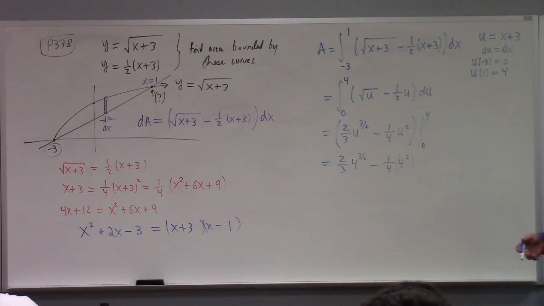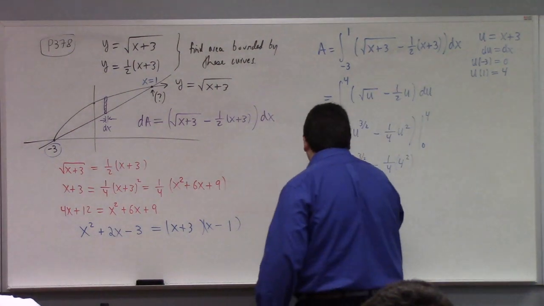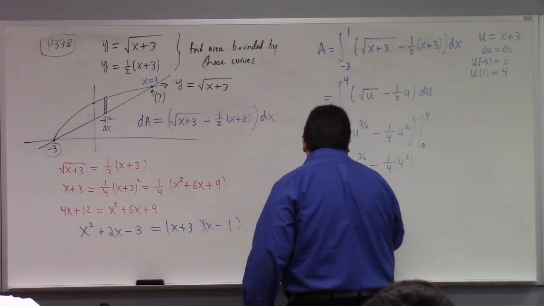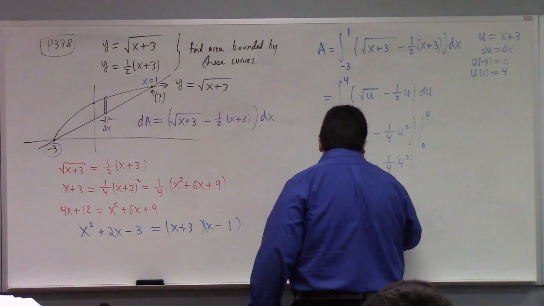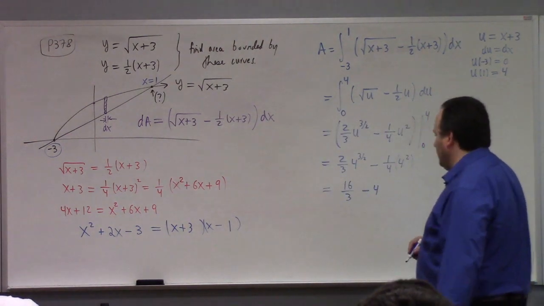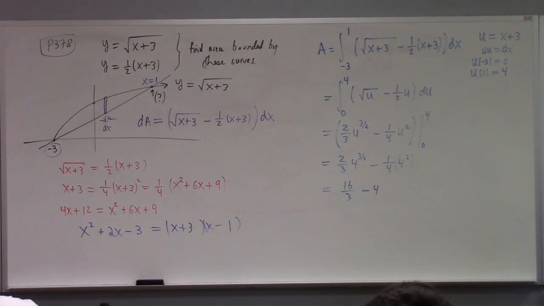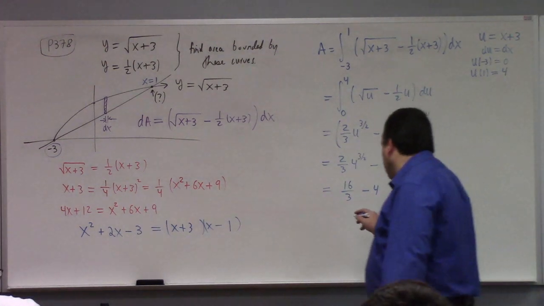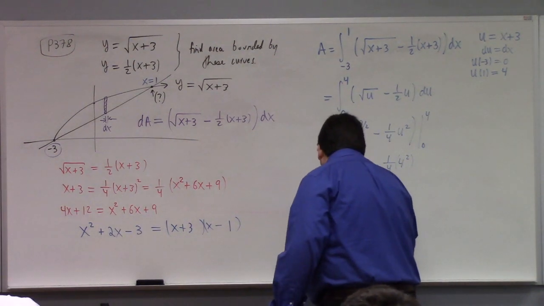I think we worked out 4 to the 3/2 the other day. It was 8, wasn't it? 4 to the 3/2 was 8. So we've got 16 over 3 minus 4. Of course, 4 is also known as 12/3, so the answer is 4/3. Yay!